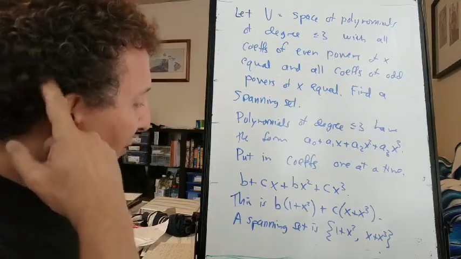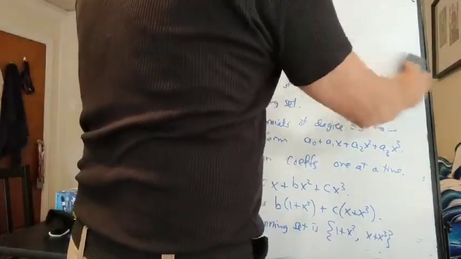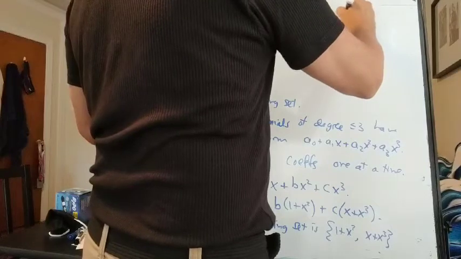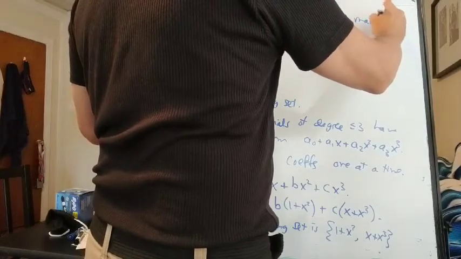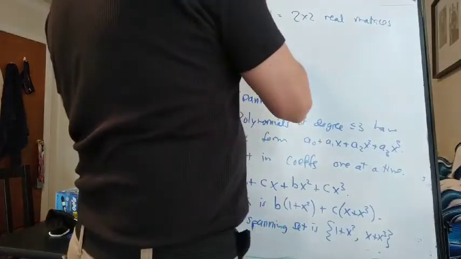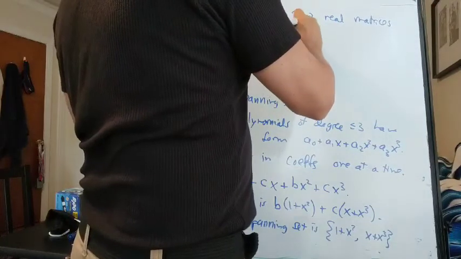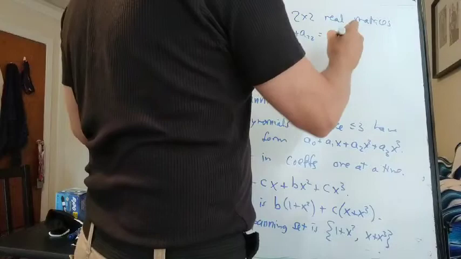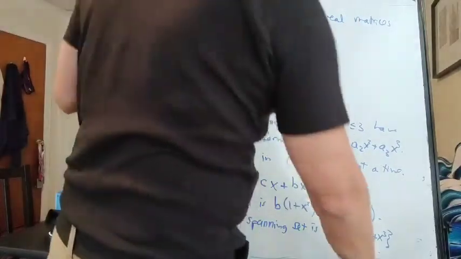So let's do another similar example. Let V be the 2 by 2 real matrices with A11 plus A22 equals 0, so the diagonal entries add up to 0. Let's find a spanning set.